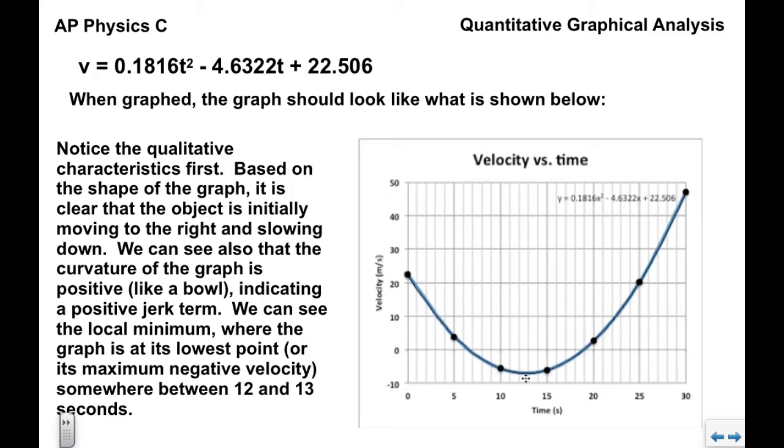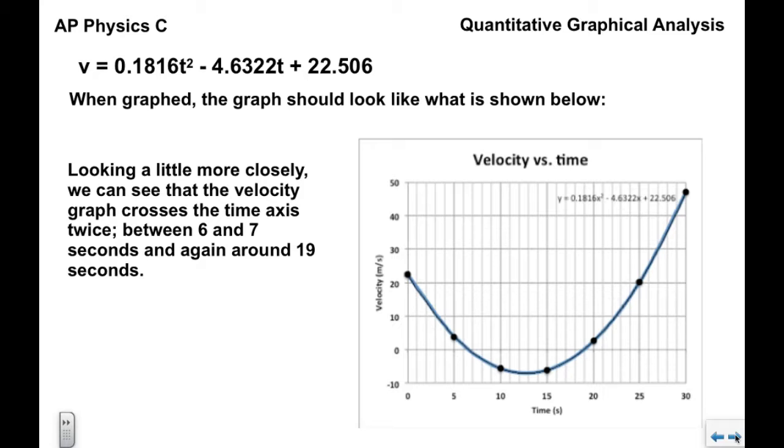We could also call that the maximum negative velocity, somewhere in here between 12 and 13 seconds. If we look a little more closely, we can see that the velocity graph crosses the time axis twice. Once here, between 6 and 7 seconds, and then once here at about 19 seconds.